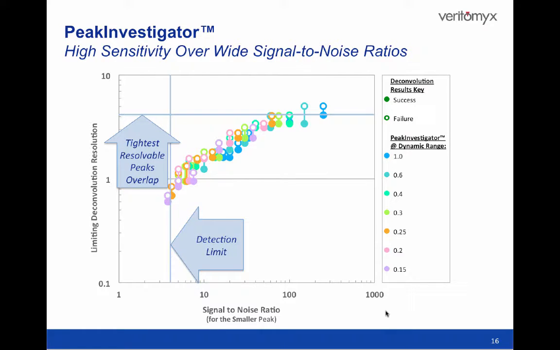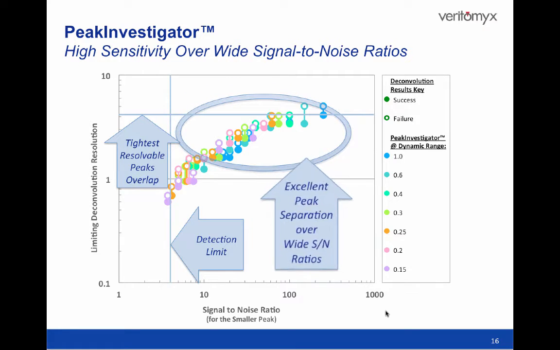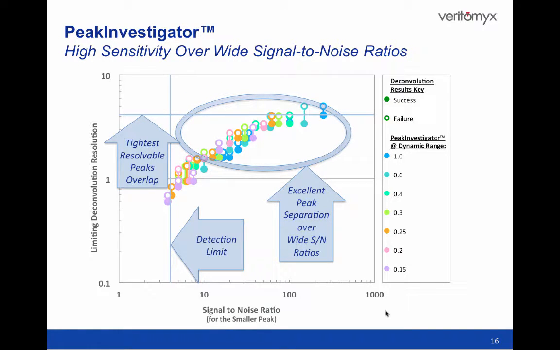We see that PeakInvestigator automatically established a limit of detection at a signal-to-noise ratio near 4:1. Expanding this analysis across many examples, we see that PeakInvestigator maintains its high deconvolution resolution performance down to a signal-to-noise level of 10:1.